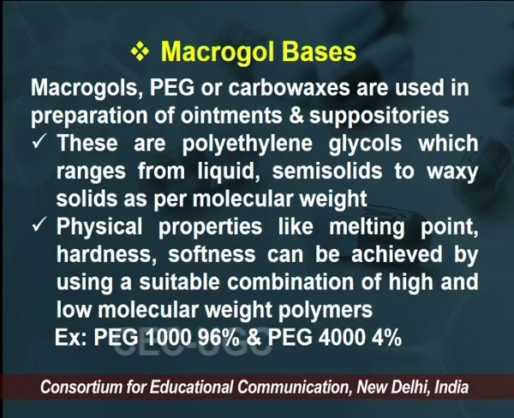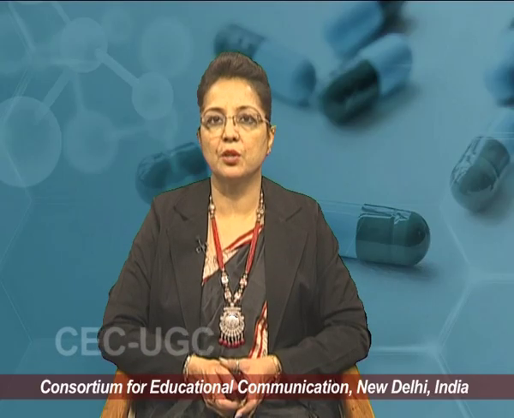Based on their molecular weight, we have different states of matter. When we bring these different states, liquid, semi-solid or solid, and mix them in different ratio permutation combinations, we can achieve a base of desired consistency and desired physical property.